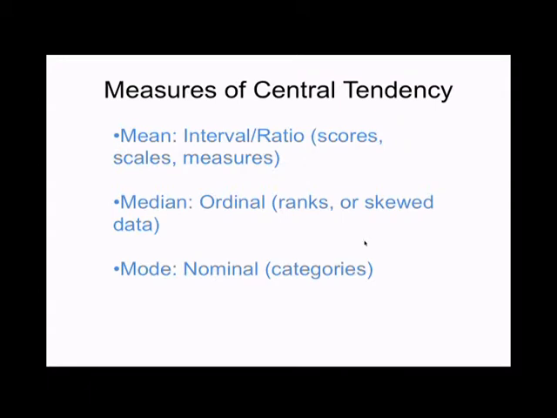A mode can be used, and it's the only type of measure of central tendency that can be used with nominal level data. Nominal level data is categorical. So gender is nominal, what state you were born in is nominal. So if you have 100 people and you ask what state were you born in, well, you can't take an average of that.